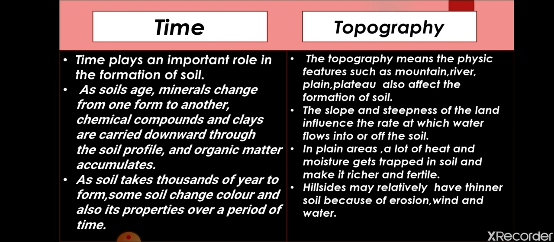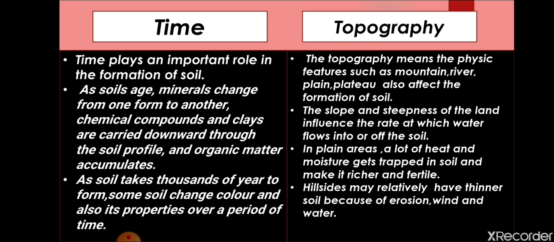Now we will see how time plays an important role. As the soil becomes older, the minerals change from one form to another. Its chemical compounds also change. Suppose the soil is grainy, now slowly it will become soft and clayey. The grains will also become smaller and smaller as time passes.